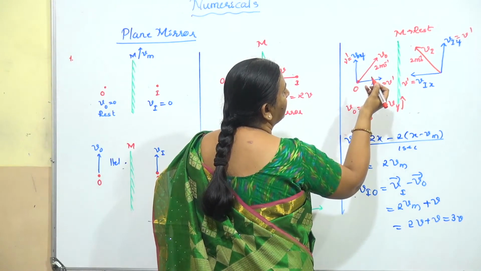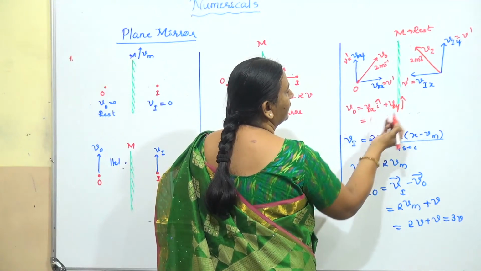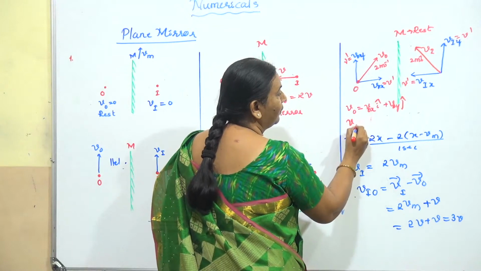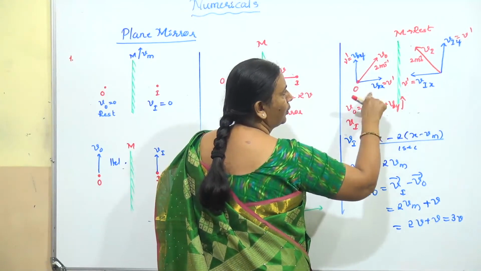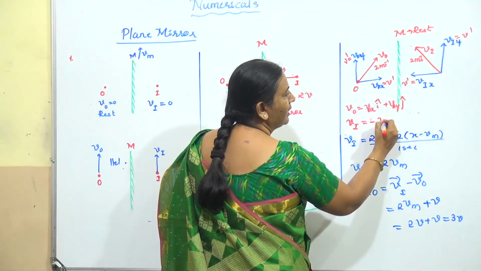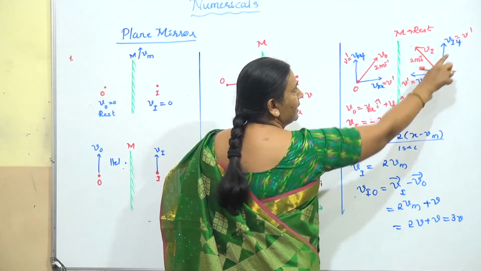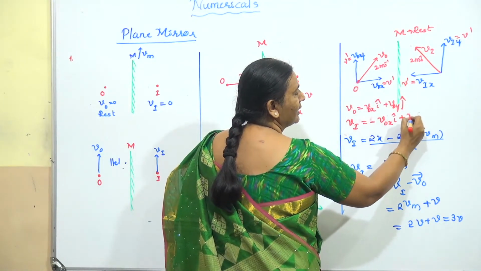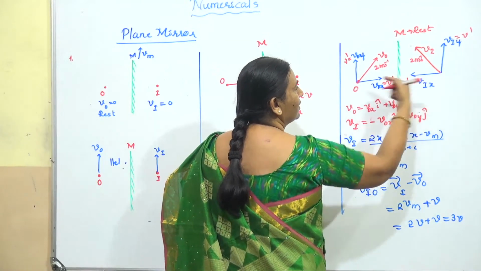What will you write for the image? Vy, I write as minus, because this is opposite but equal: minus Vox i cap. There is no change in direction for the other component, so you write Voy j cap. So this got changed.